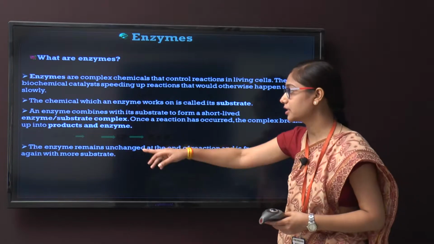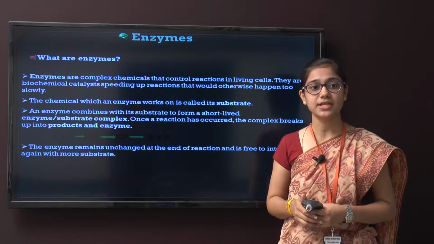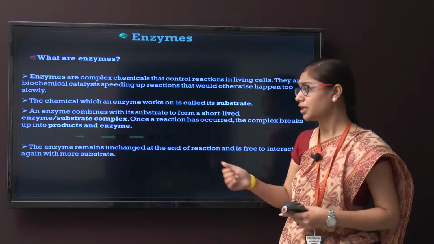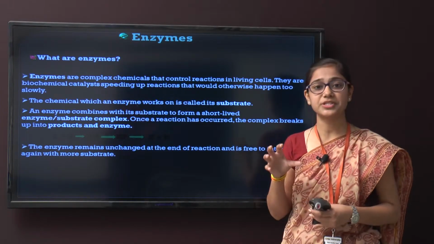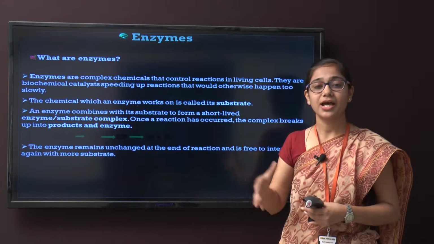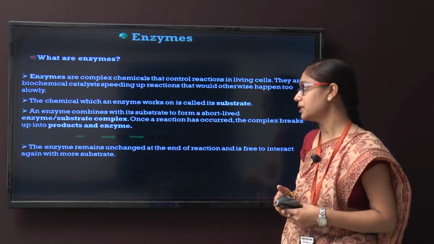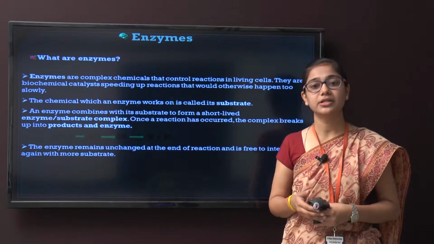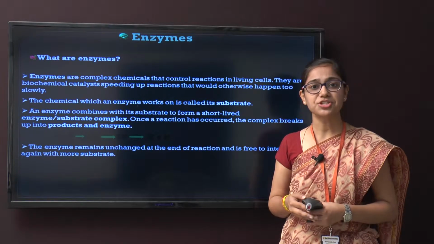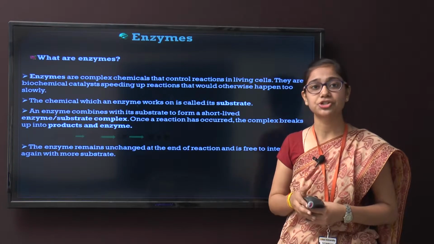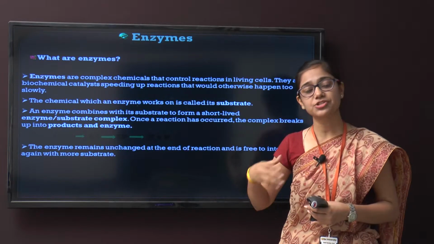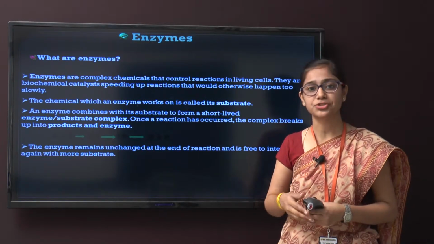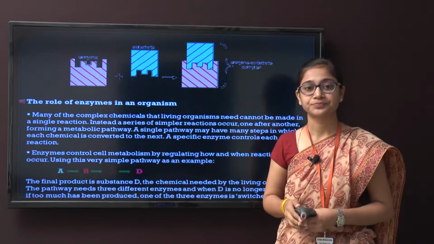Here you can see E, the enzyme, plus S, the substrate, gives ES, the enzyme-substrate complex, which is converted into E and P, where P indicates the product. The enzyme remains unchanged during the reaction, and it can interact with another substrate and form the product.